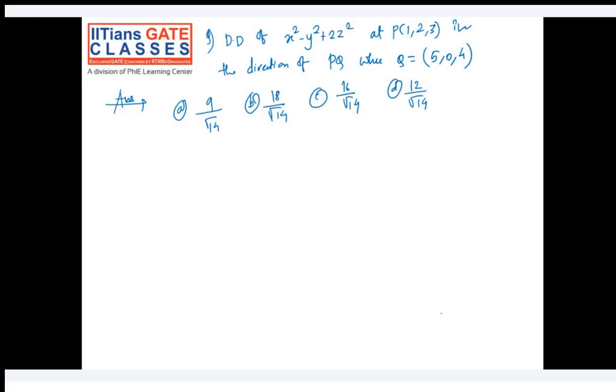No, Arjun, in the denominator you should get root 14.